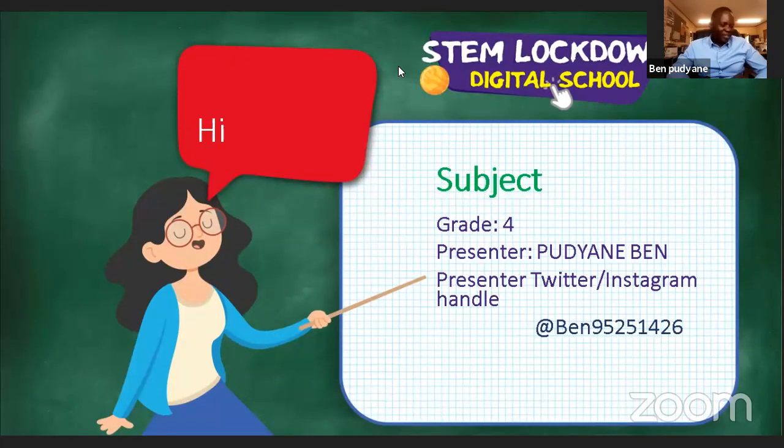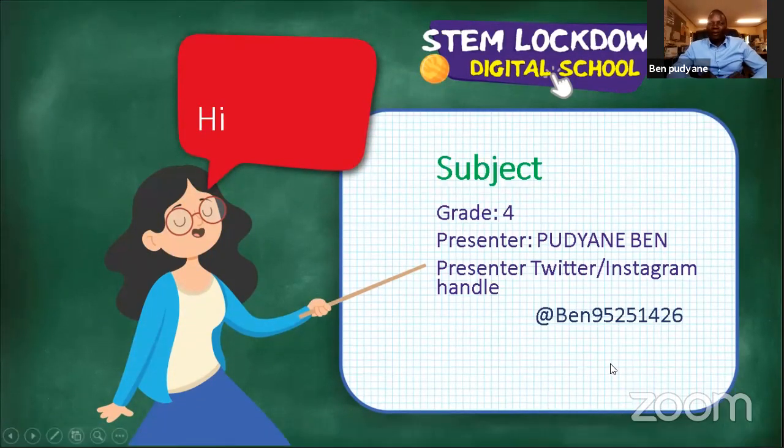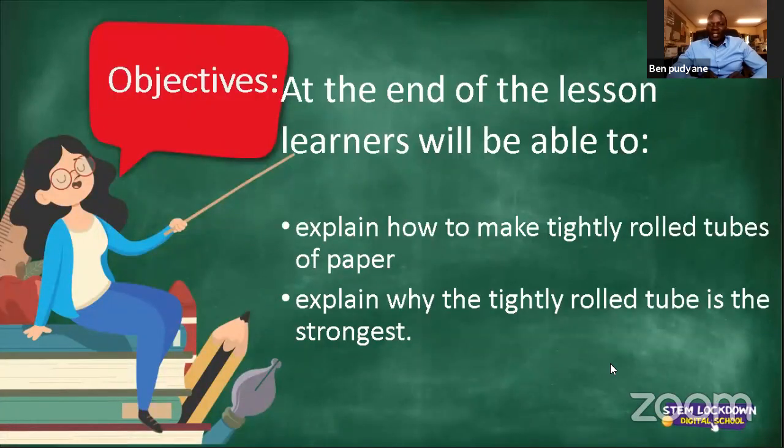So I'm going to start with my objectives for today. We can move to the next slide and look at our objectives. Yesterday we dealt with the 3 tube shapes.